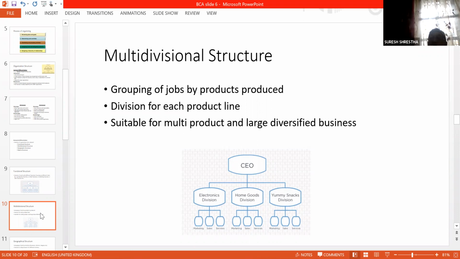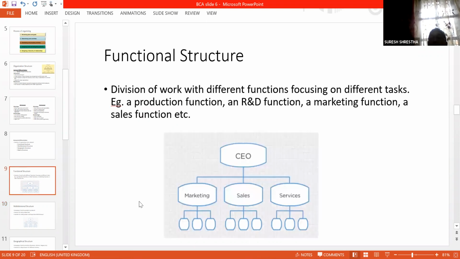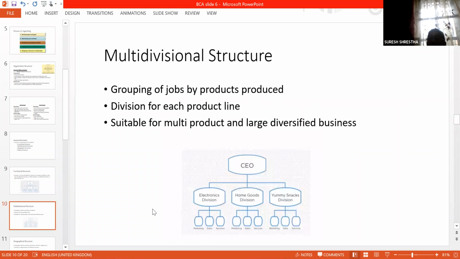के अरु फंक्शन हुन्छ त्यो पर्टिकुलर को लागि. अघिको यसमा चाहिँ के हुन्छ भन्दाखेरि यसमा सबै प्रोडक्ट छ भने पनि यो मार्केटिङले 5 वटा प्रोडक्ट बनाउँछ भने यो मार्केटिङ डिभिजनले चाहिँ नि त्यो 5 वटा प्रोडक्टको लागि मार्केटिङ गर्छ. यो सेल्सले पनि त्यो 5 वटा प्रोडक्टको लागि सेल्स गर्छ र यो सर्भिसेसले पनि 5 वटा प्रोडक्टको लागि सर्भिस दिन्छ भने यसमा चाहिँ त्यसो हुँदैन. यसमा चाहिँ नि यो मार्केटिङले चाहिँ नि यही इलेक्ट्रोनिक्सको मात्रै marketing गर्छ, यो सेल्सले यही इलेक्ट्रोनिकको मात्रै गर्छ.